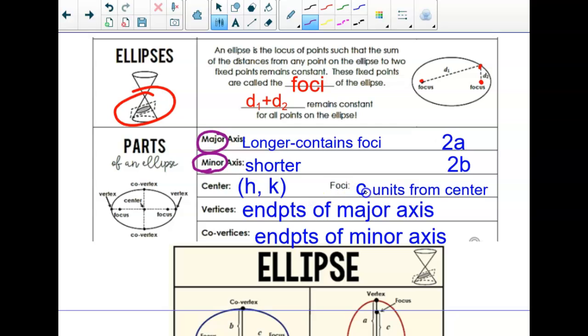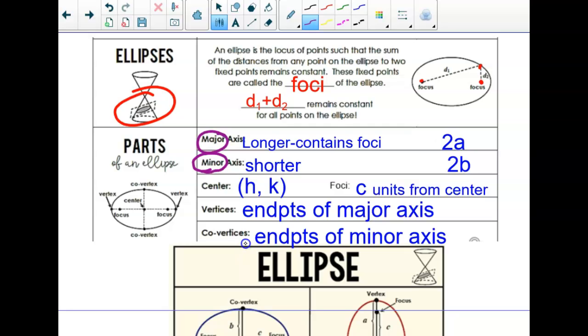The foci are c units away from the center. Now, out on the major axis, the endpoints are called the vertices, and on the minor axis, they're called the co-vertices. And you're going to have to list all 4 of those. So you're just going to have to list the ends of the major and minor axis, and the center and the foci.